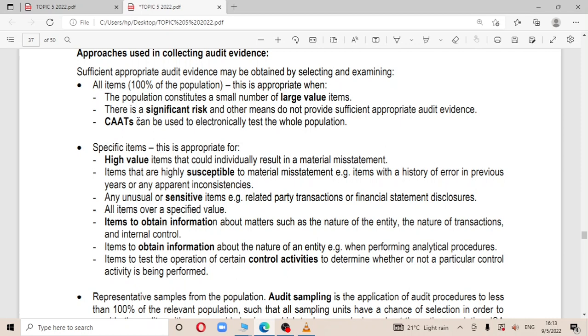Also, the nature of certain transactions. Some transactions have high values. Some of them are so small they can easily be stolen. You get it. Or sometimes the policies describe certain things as being risky, the internal controls. So that can be your basis of selecting these items.